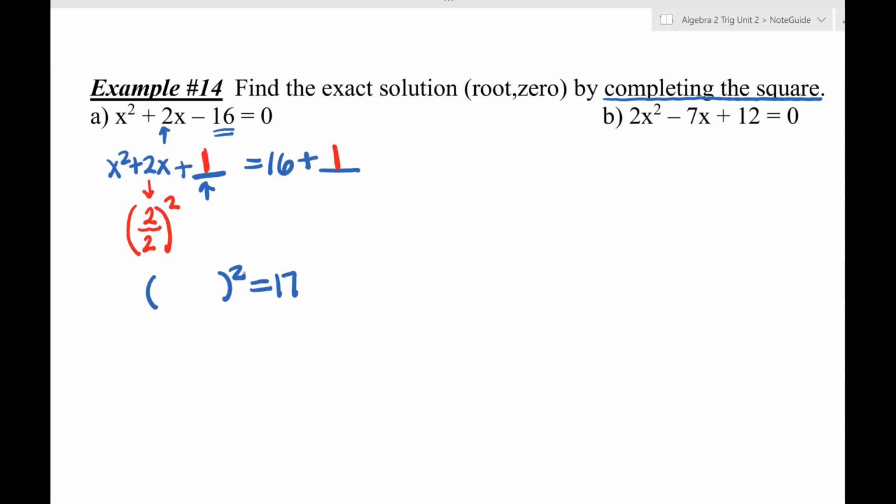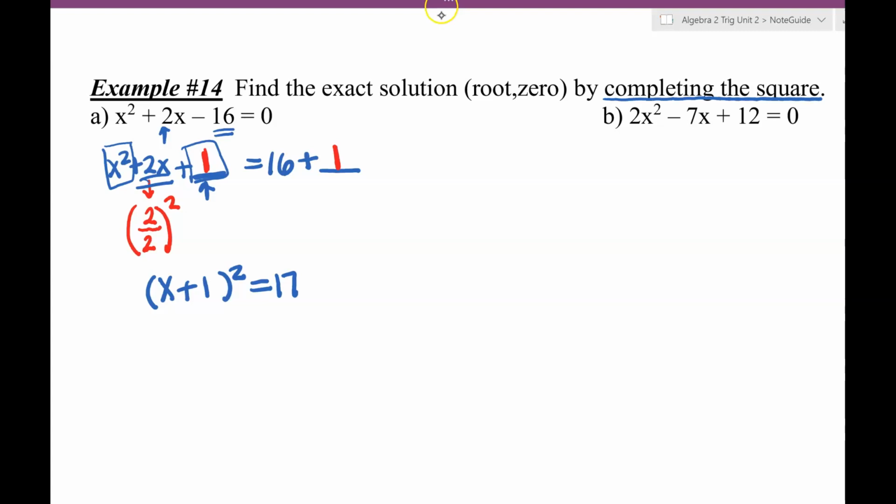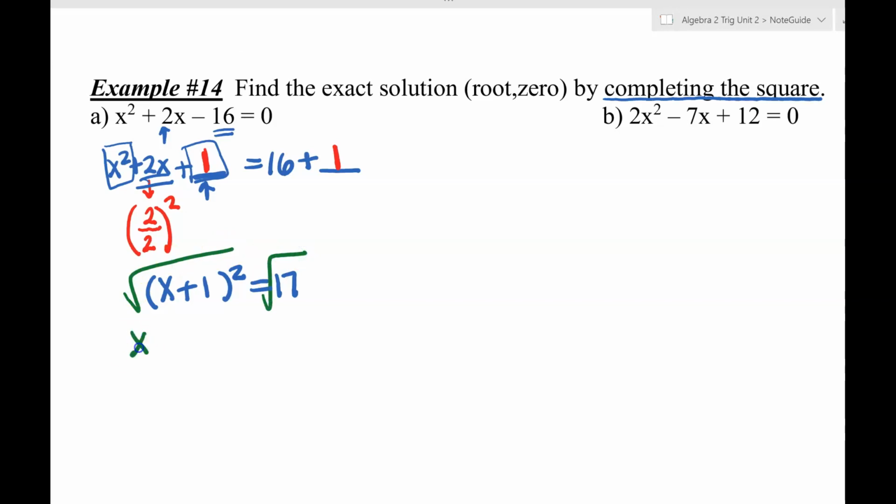So if I did this correctly, that should factor, and you can go off to the side and factor. Or if you're confident in your perfect squares, you can just think about what squared would make the beginning and what squared would make the end. And then you know that if you wrote it out and FOILed it, you would get this middle term in between. Now we have everything set up in that perfect square manner, so we can square root both sides and use radicals as a way for solving.